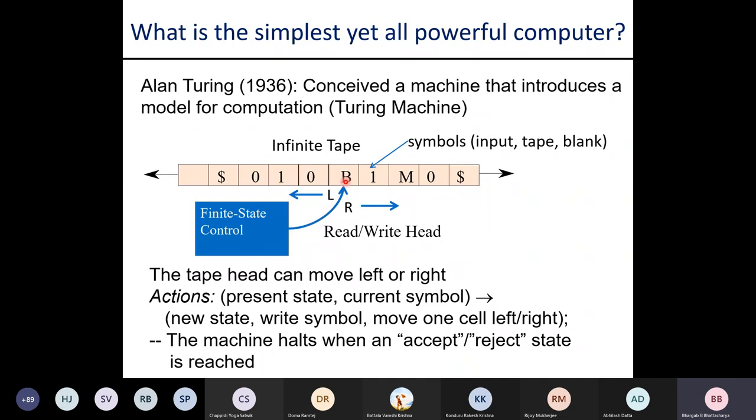The machine keeps on reading and writing and moving this head left or right, and finally, when this controller reaches an accept state, you know that in a finite state machine there are some accept states, the machine halts, and the output can be read out from the tape. So this is the overall structure of a simple machine, and Turing showed that this machine is able to perform any sort of algorithm.